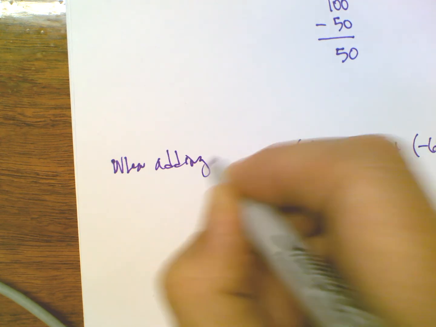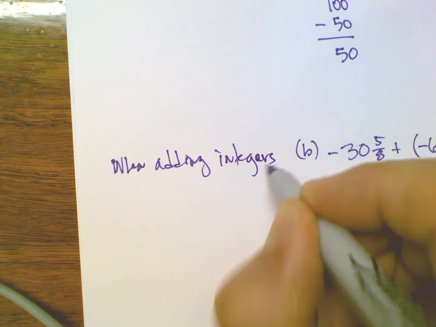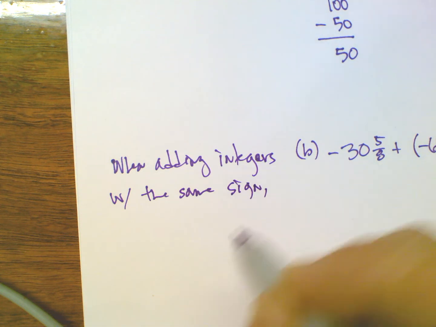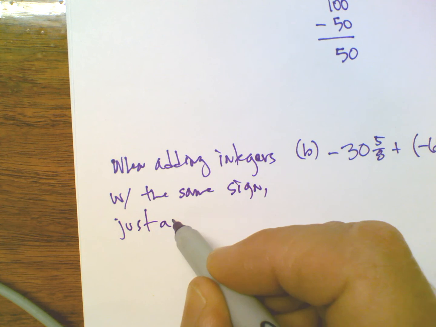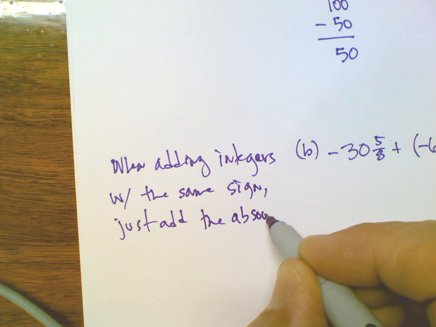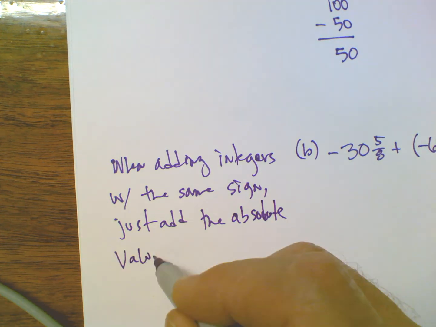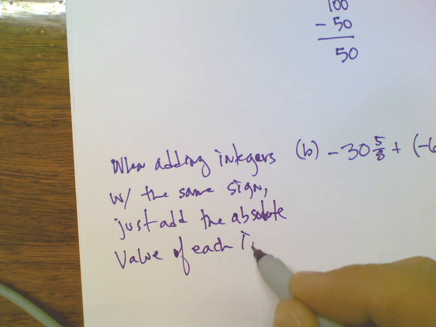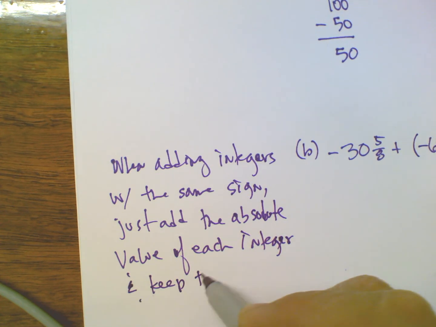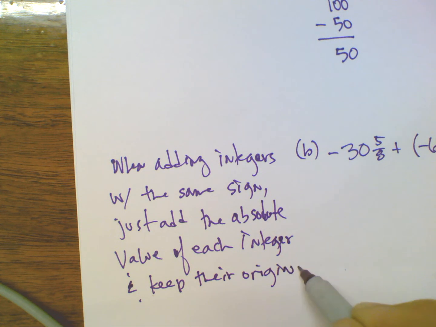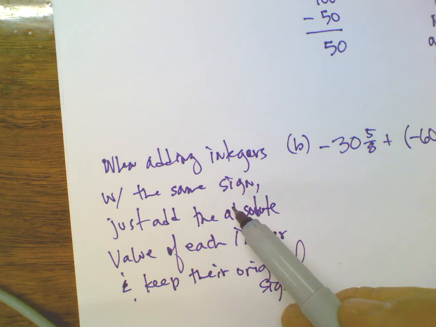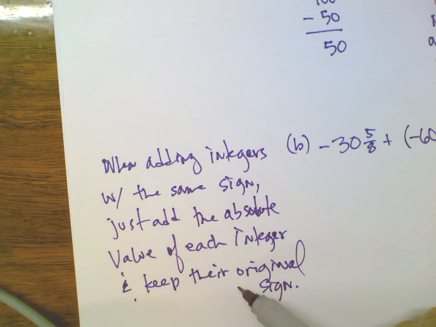When adding integers with the same sign, just add the absolute value of each integer and keep their original sign.